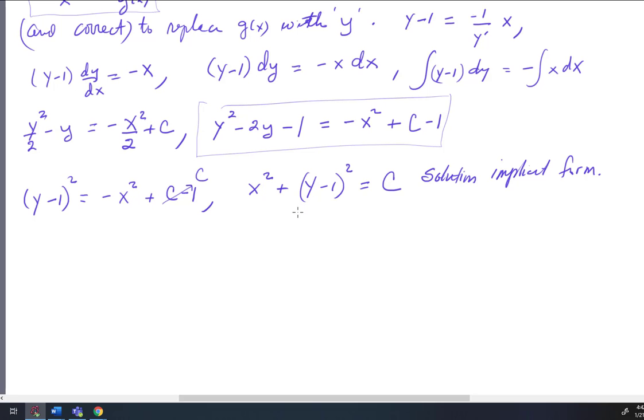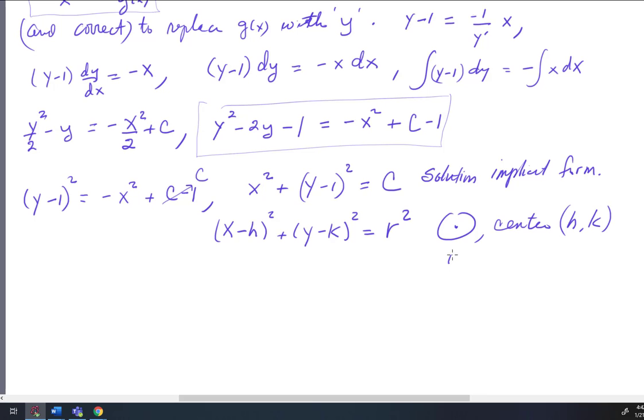And what does that solution look like? Well, again, you've got to remember back to some earlier work that you had in an algebra class. But if we had x minus h squared plus y minus k squared equal r squared, we said that was a circle, center h, k, radius r.